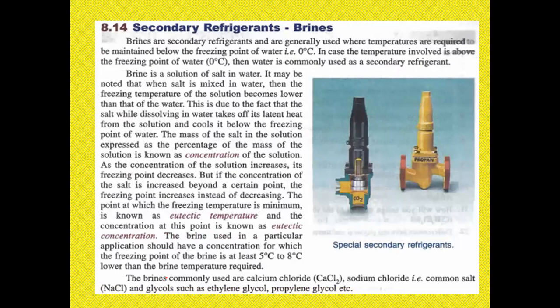The brines are known as secondary refrigerants, and are generally used where temperatures are required to be maintained below the freezing point of water, that is 0 degrees centigrade. Simply, we can say the brines are used for temperatures below 0 degrees.